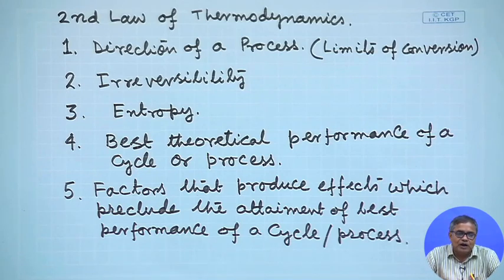So, the second law of thermodynamics not only gives us what could be the best performance of a cycle or a process, it also helps us identify the factors which will act as impediment, obstacle, resistance for attaining this best performance. Once you know what are the factors which are not allowing you to have the best performance out of a cycle or a process, then obviously an engineer will try to remove them.